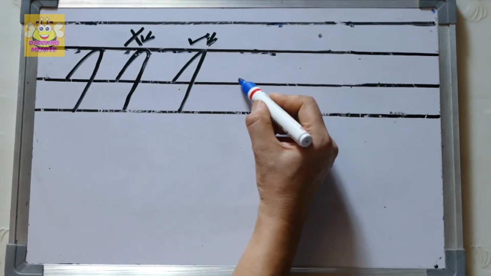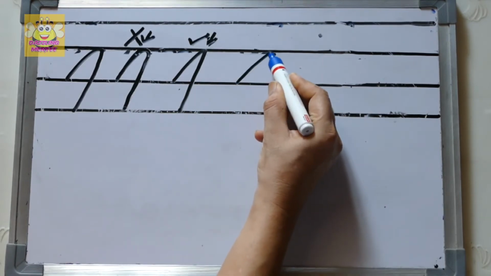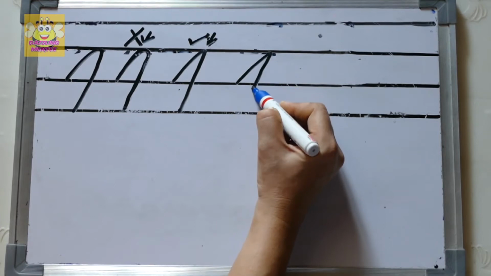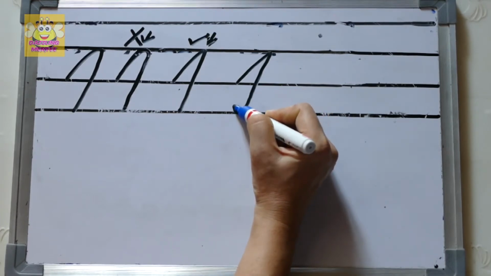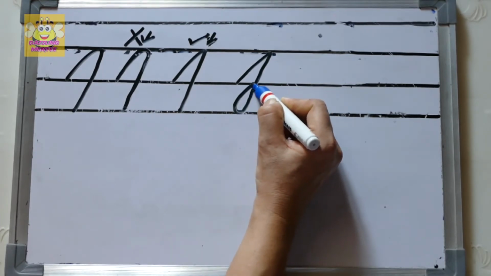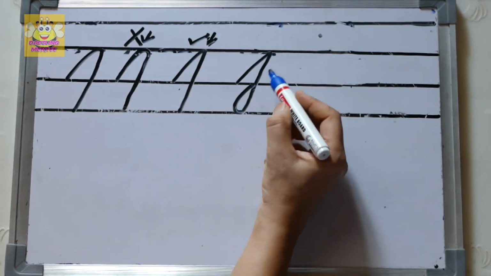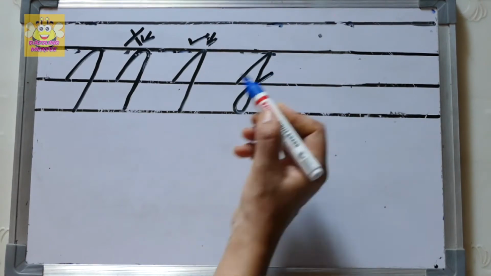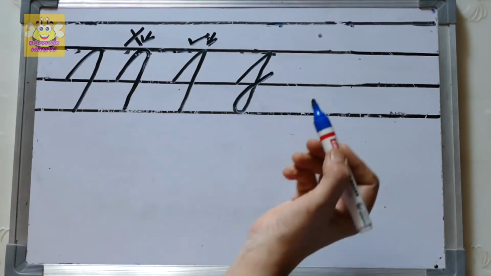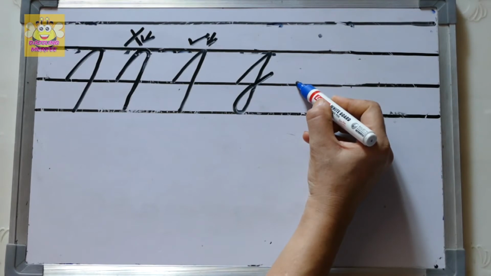Let's start. Up, make a beak, down, and make a long loop. Touch the third line. 1, 2, 3. Right? And then cross it. Very simple. Once again I write for you.